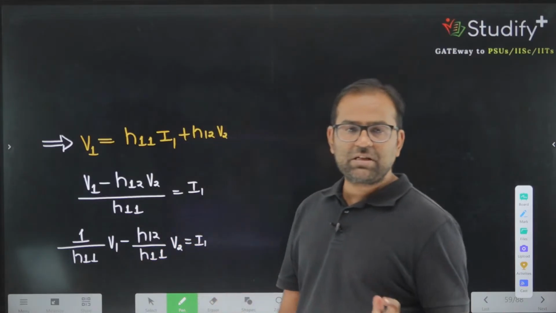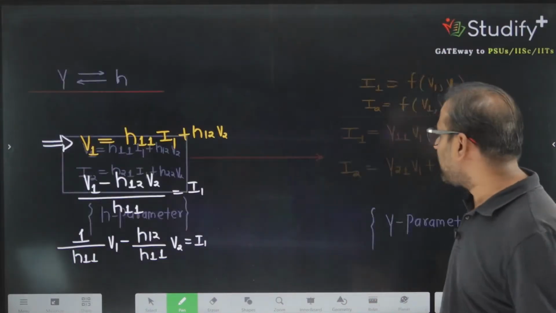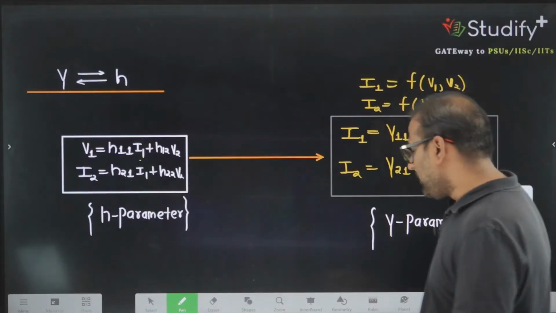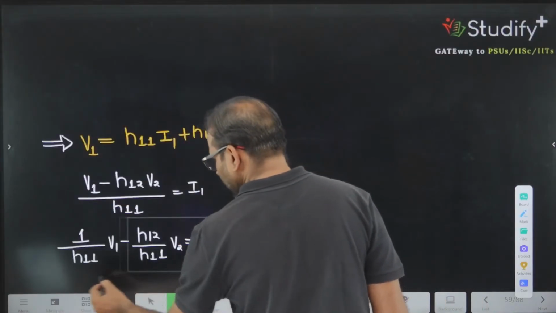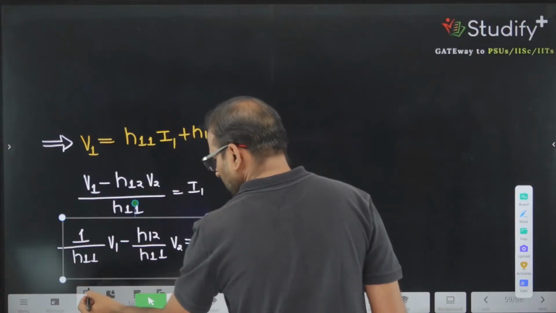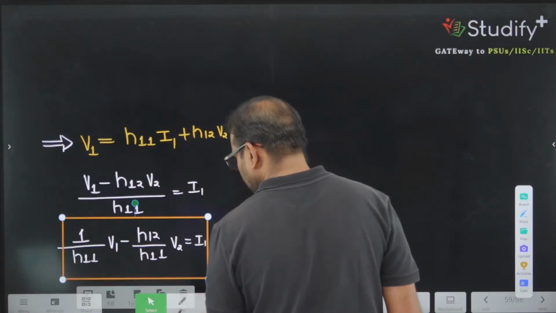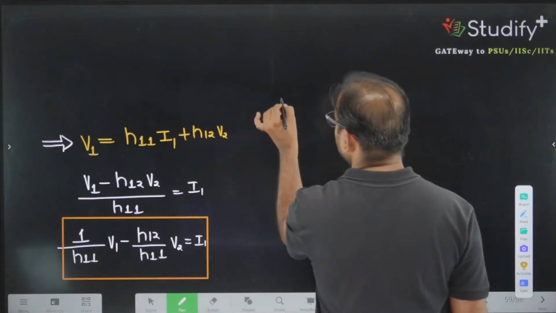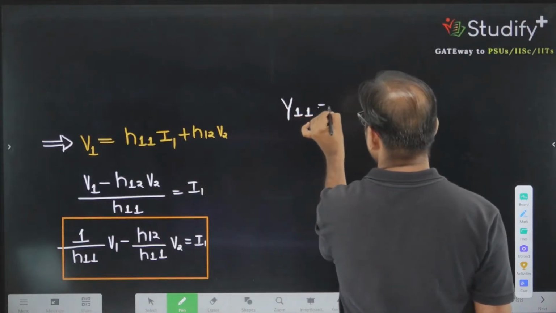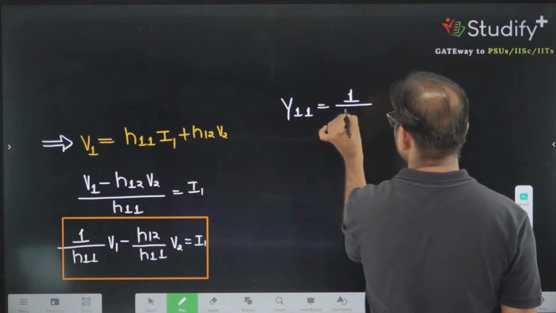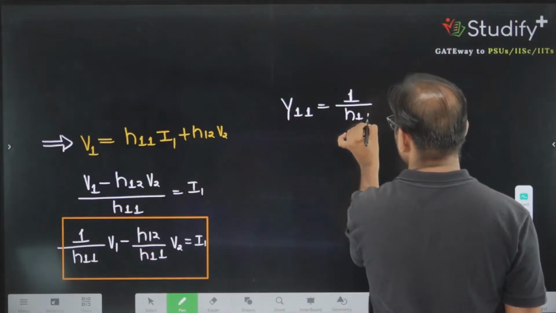And if these two equations represent the same two-port network, then these two equations must be the same. Means what is the value of Y11? The value of Y11 is given by 1 divided by H11.